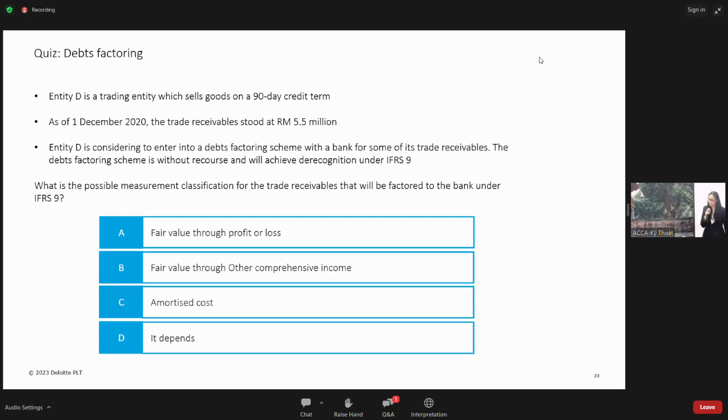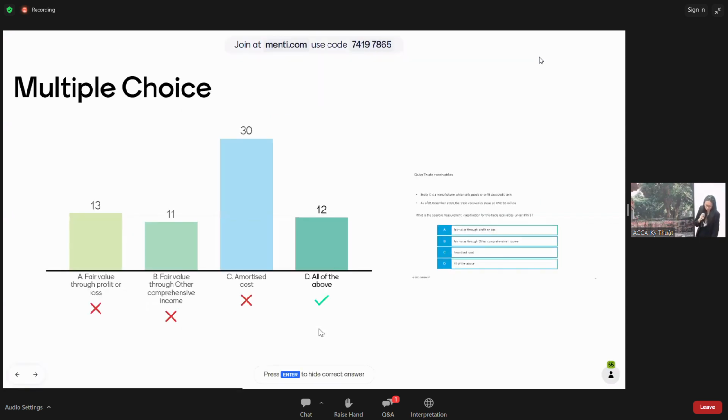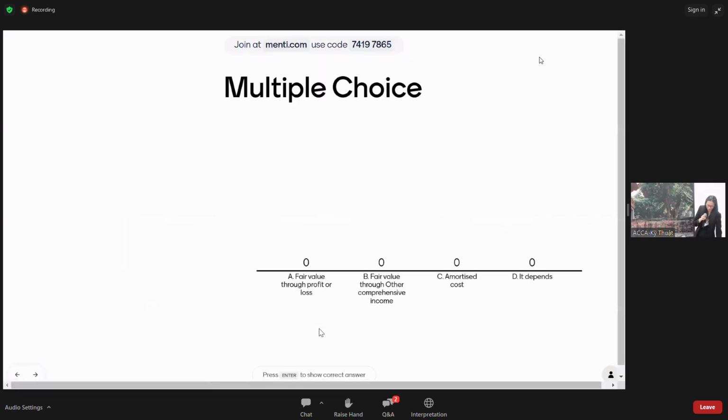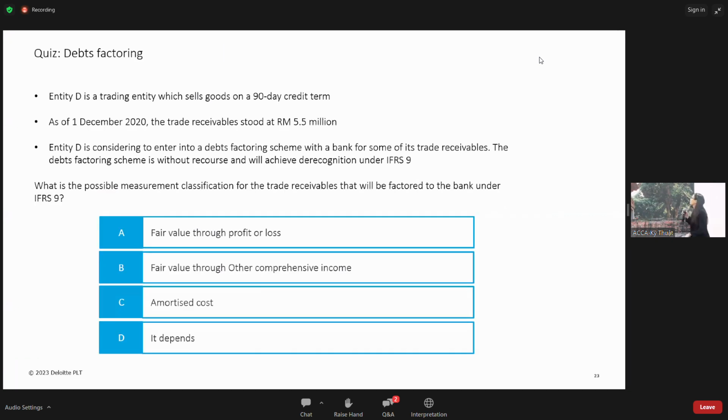Okay, next one. So if you have debt factoring, entity D here is a trading entity and it sells goods on a 90-day credit term. As of 1st December 2020, the receivable is 5.5 million. Entity D is considering entering into a debt factoring scheme with the bank for some of its trade receivable.